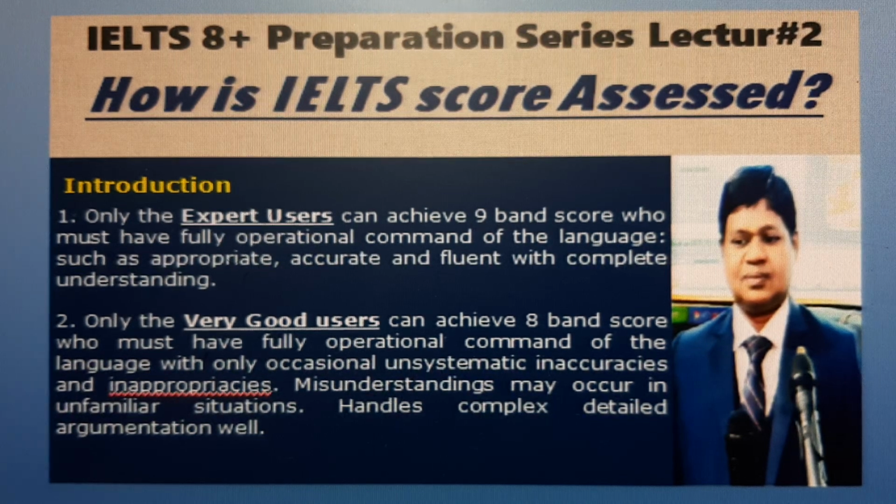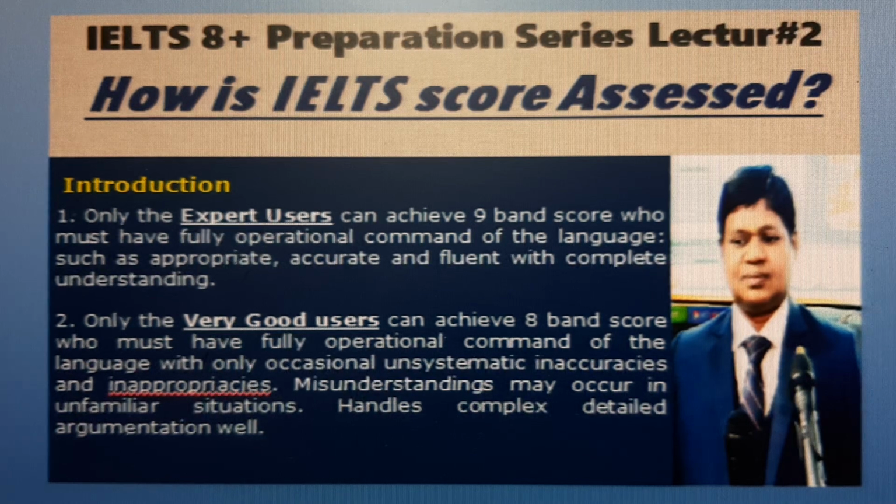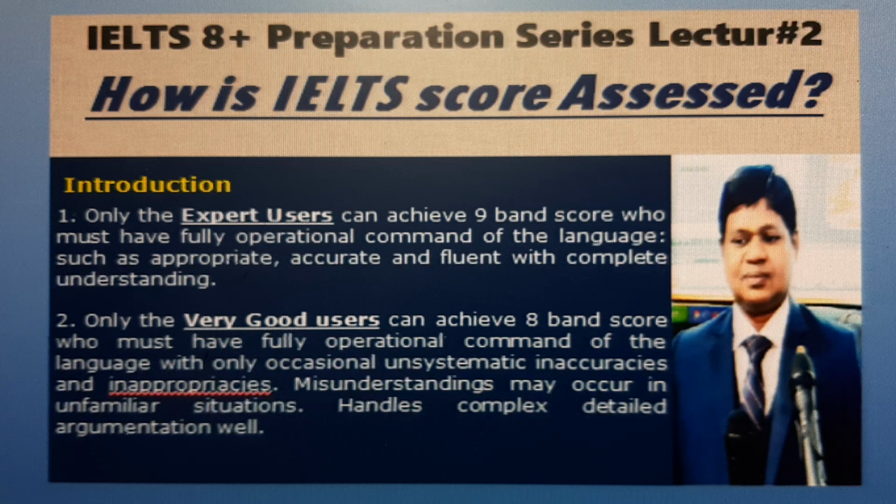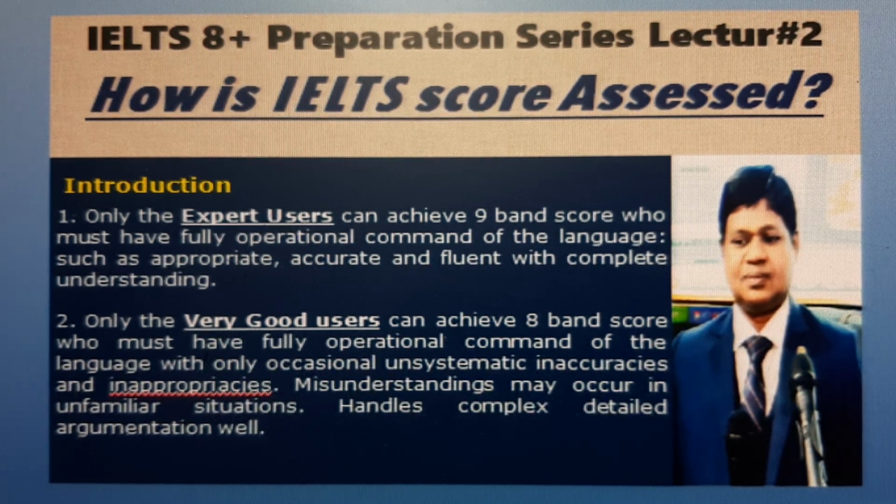Example number 2. Your reading is 6.5 plus writing 5.5 plus speaking 6.0 plus listening 6.5 is equal to 24.5. Divide 24.5 by 4 is equal to 6.125.